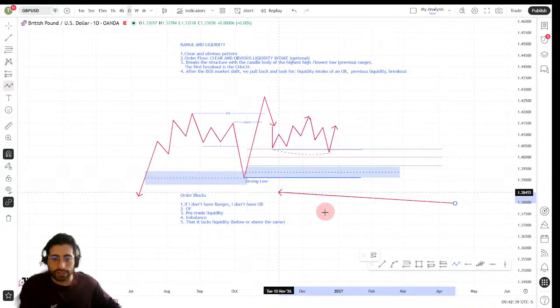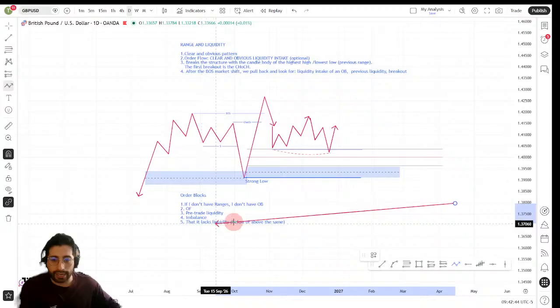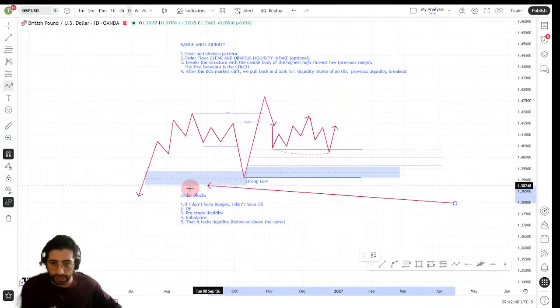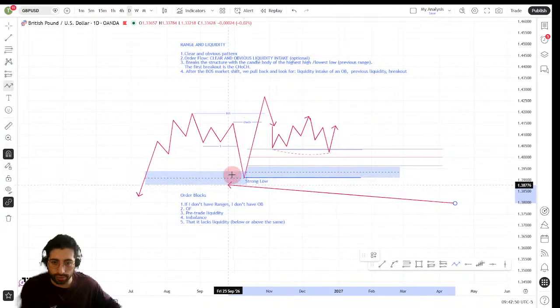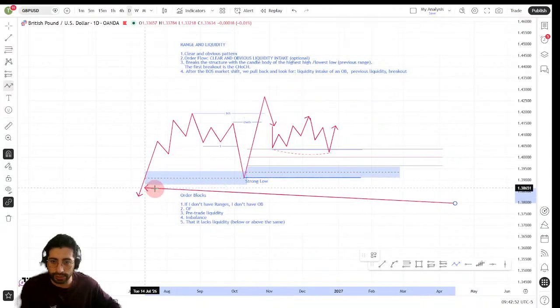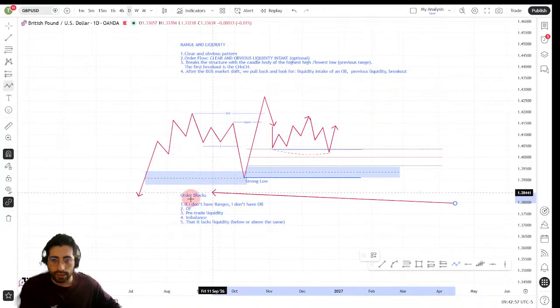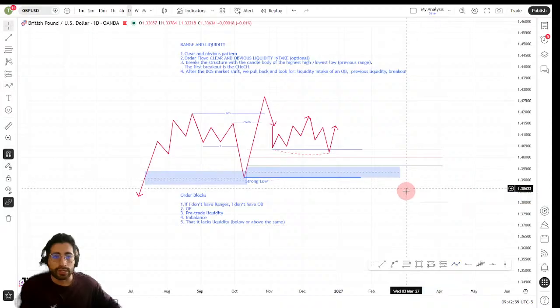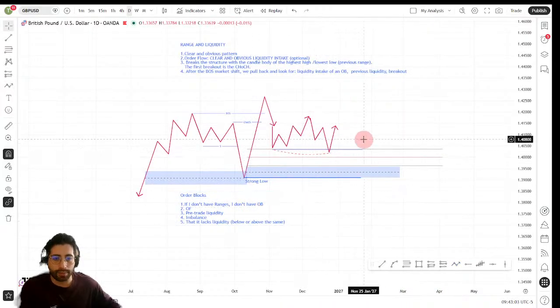Ideally it should lack liquidity below. Because this is a bullish example, there is no more liquidity, no more spikes, no more candles to be mitigated below. So this example is a proper example of an order block.